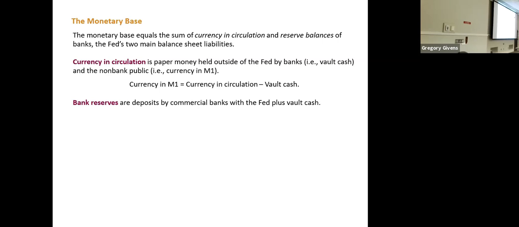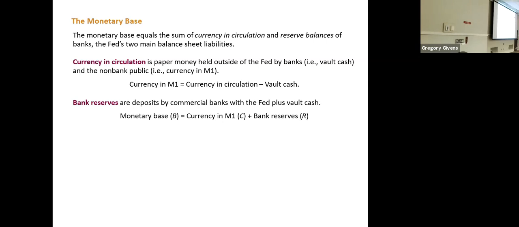Banks can elect to hold some of their reserves simply as cash in the vault. Now, the vast majority of bank reserves are in the form of reserve balances at the Fed. Only a small portion of bank reserves are actually held in the form of vault cash.